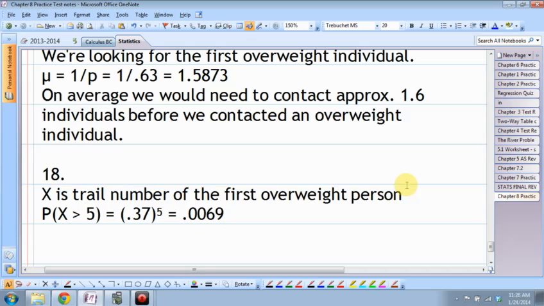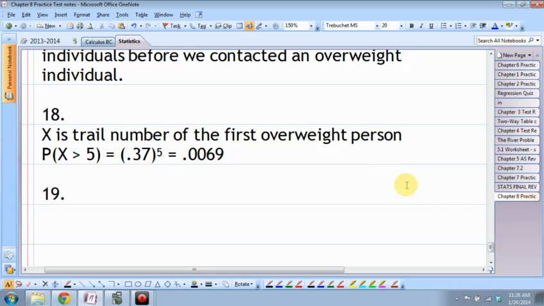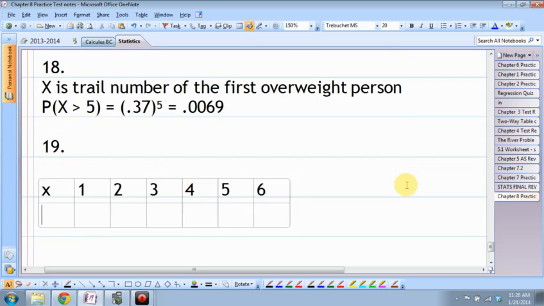The cumulative distribution table, do you want to do that one? Yeah. 19. So in order to do the cumulative distribution table, we actually need to do the regular distribution table first. So x is 1, 2, 3, 4, 5, and 6.